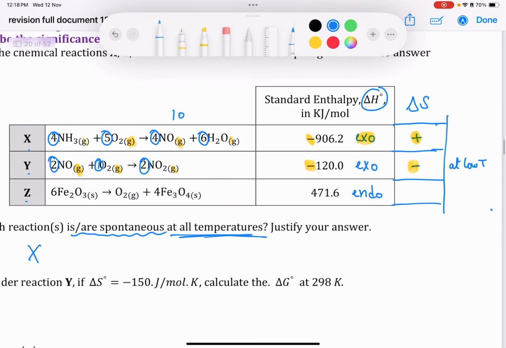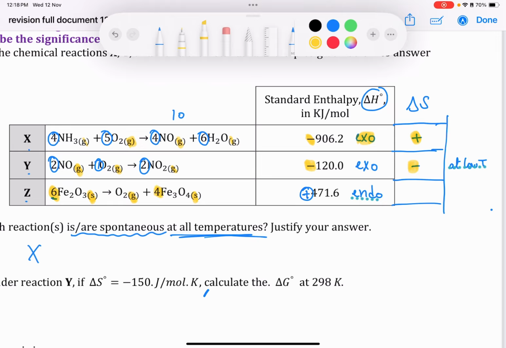Now, for the last one, I have an endothermic reaction. Endothermic means that this is positive. Now let's count. 6. Oh, here I have solid, but the solid turned into gas and solid. Also, 6 moles of solid turned to 4 moles of solid.